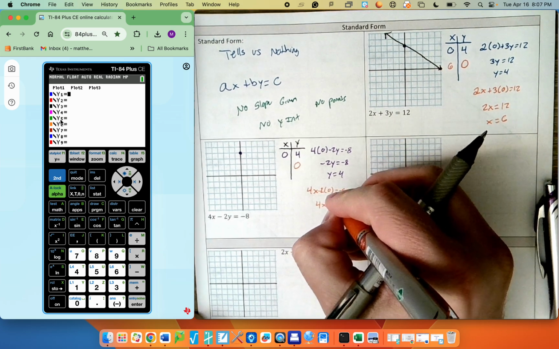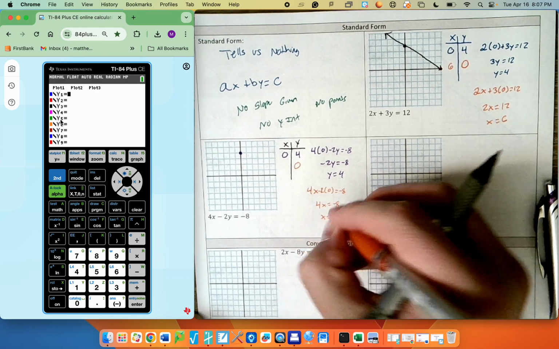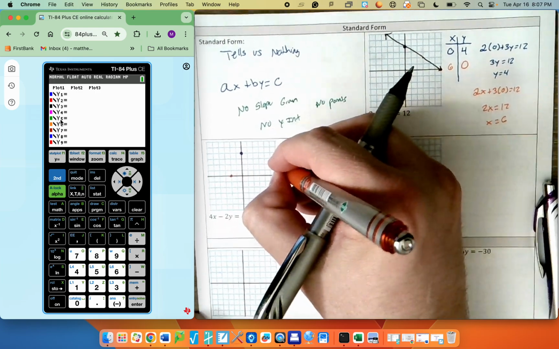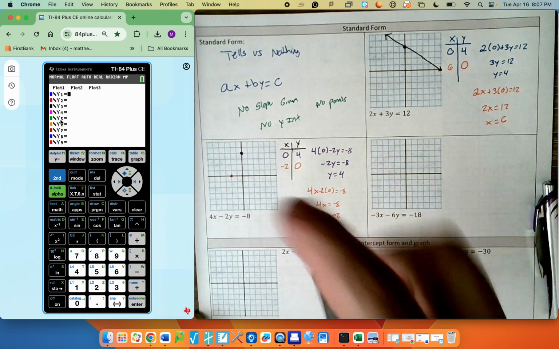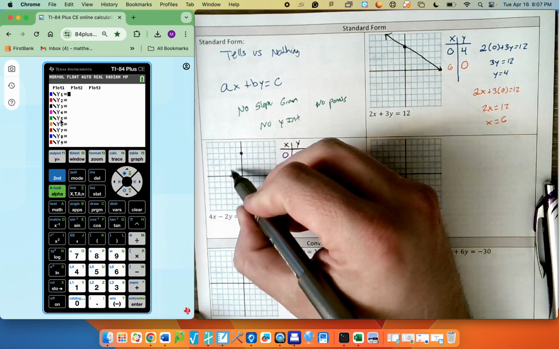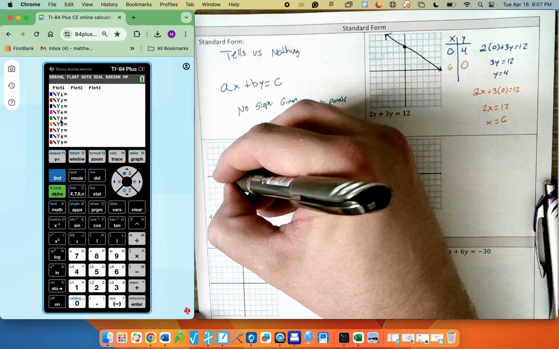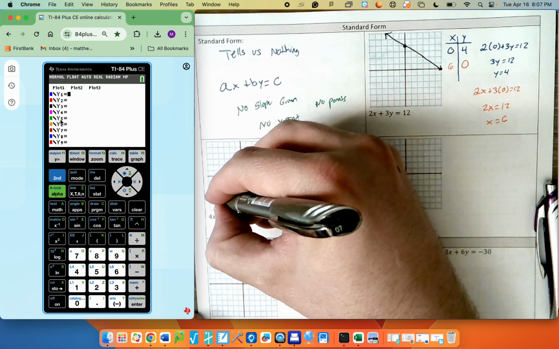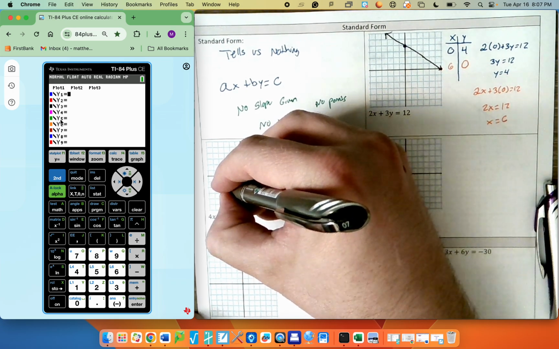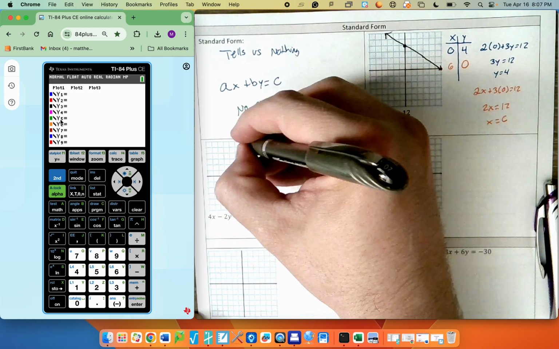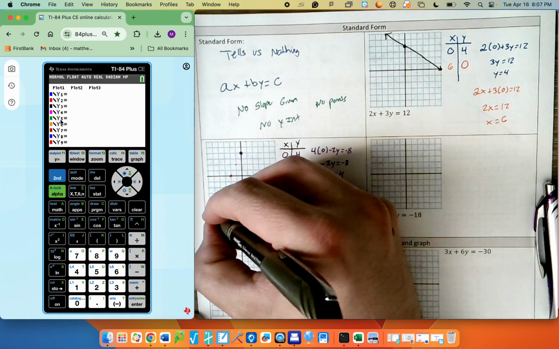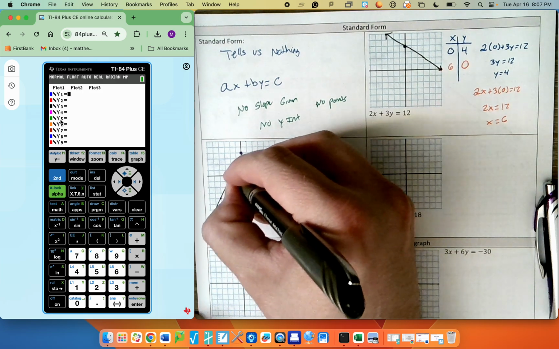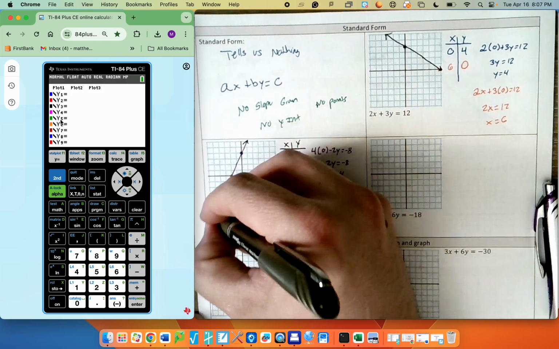So 4x equals negative 8, so x is negative 2. Puts us on the other side. Again, right here, I see that I have a 4 over 2 slope, so I can go 1, 2, 3, 4 over 2, or even simplify it to 2 over 1, get a few extra dots in there. That lets me graph this line just a little bit neater.